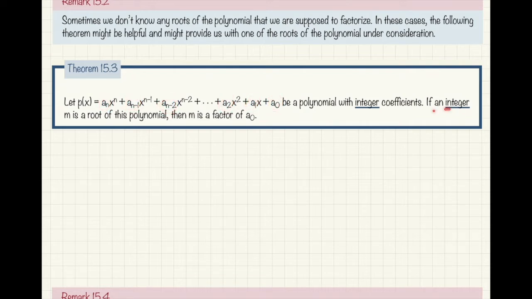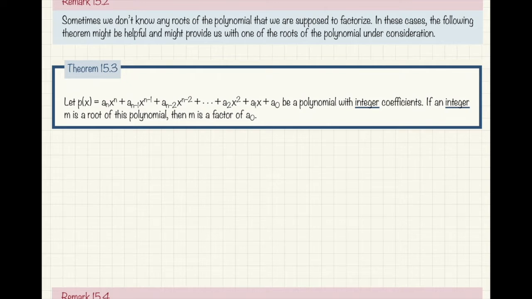If an integer number m is a root of this polynomial, then m is a factor of this constant term a0. Okay? So, let us prove this theorem first.